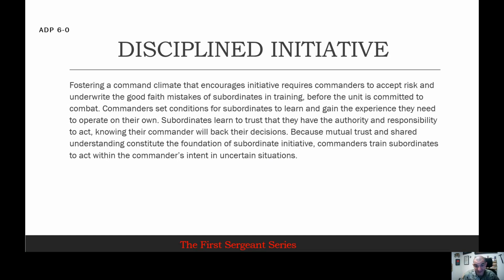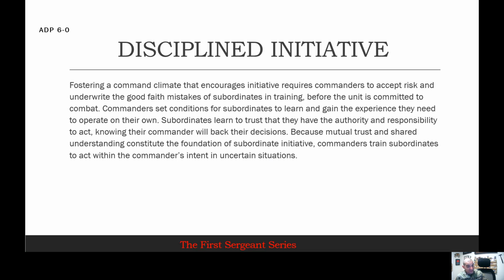Fostering a climate that encourages initiative requires commanders to accept risk and underwrite the good faith mistakes of subordinates in training, okay, before the unit is committed to combat. Commanders set conditions for subordinates to learn and gain the expertise they need to operate on their own. All right, subordinate leaders learn to trust they have the authority and responsibility to act, knowing their commander will back their decisions, okay?